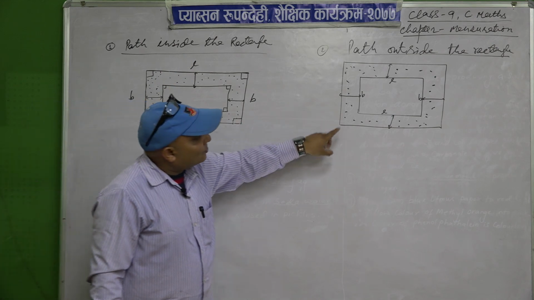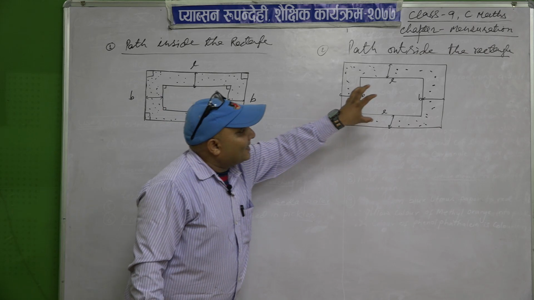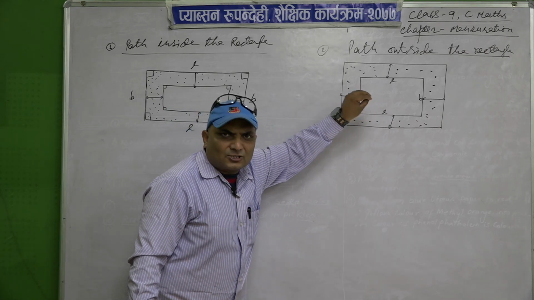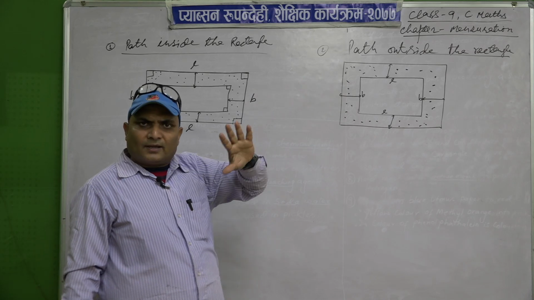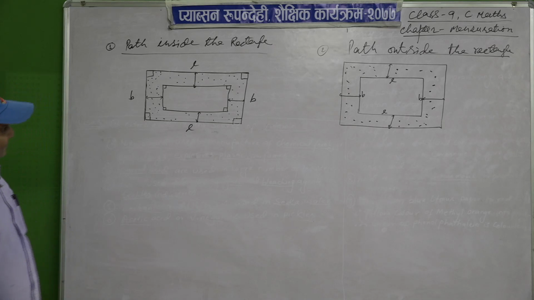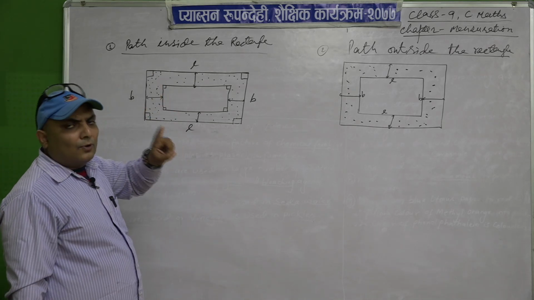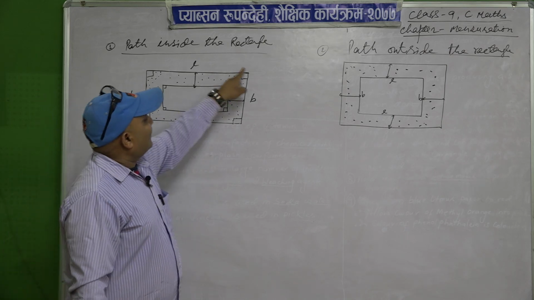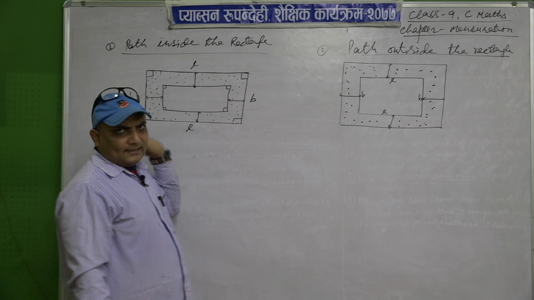The process is the same as yesterday. So, to find the area of this path, we should have the area of this big rectangle and the area of this small rectangle.